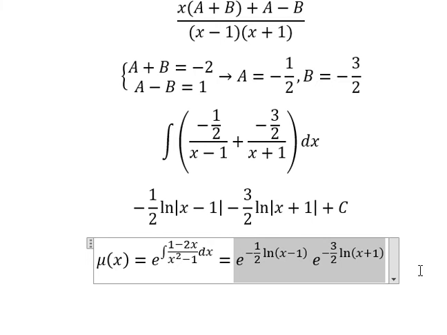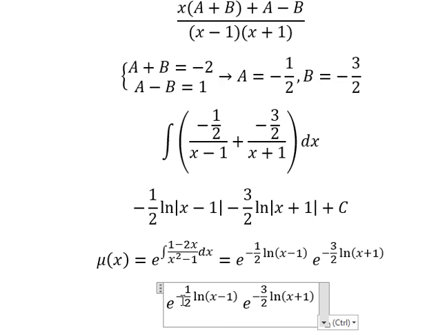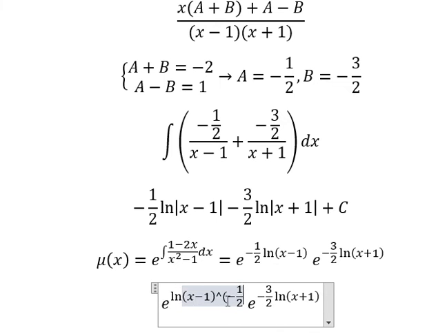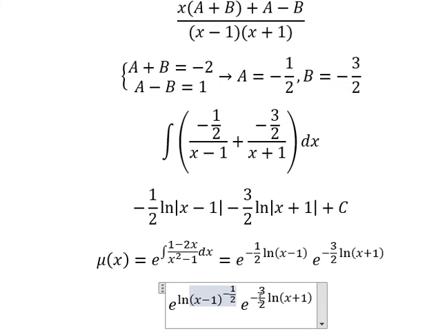So negative 1 over 2 goes inside the natural log in here. Similar for this one.